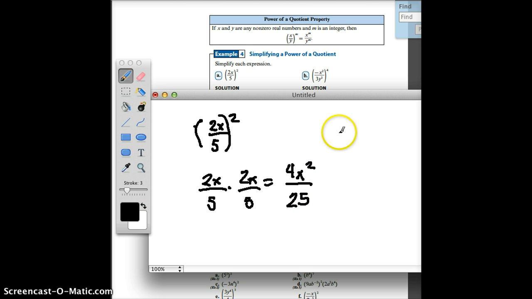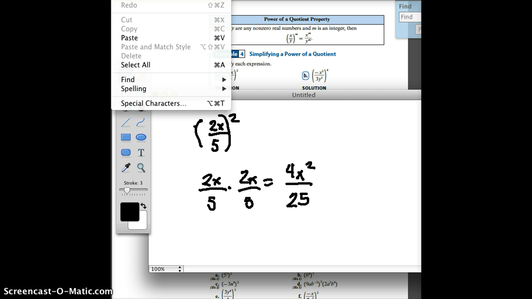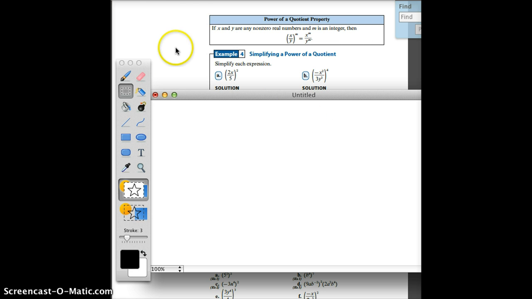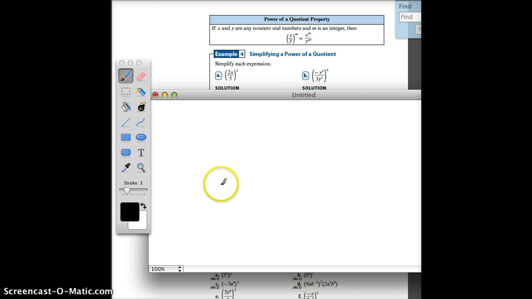The next one, okay, we have negative x squared over 3y to the 3rd, and this is to the 4th power.